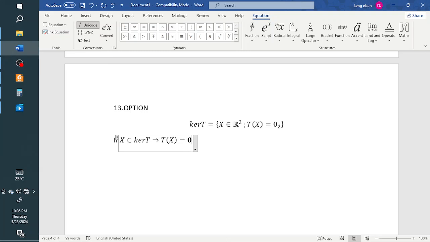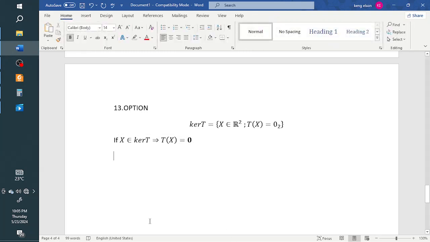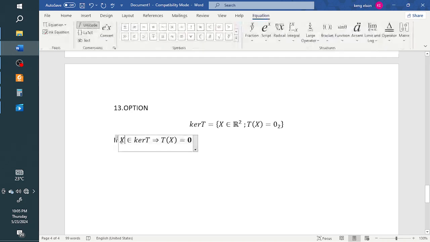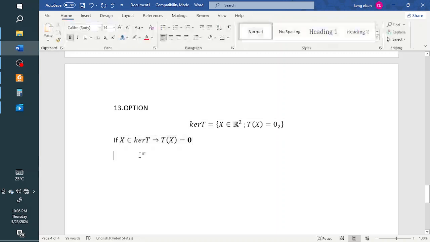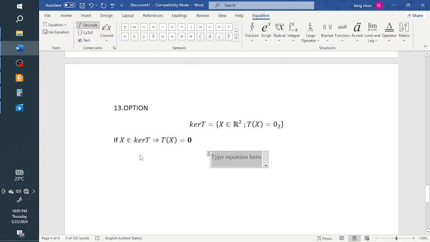Now in this case, since my X is a vector in R squared, it means it has 2 components. I'm taking my time to explain. X is in the vector space R squared. It means that X is equal to a vector that has 2 components, i and j.